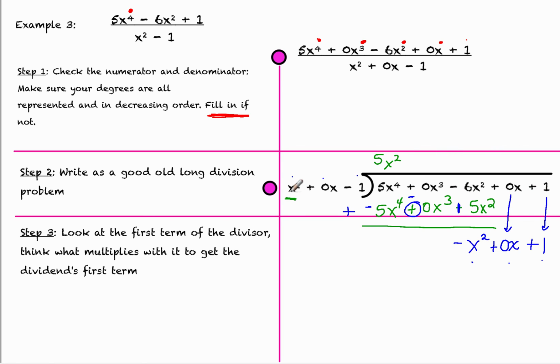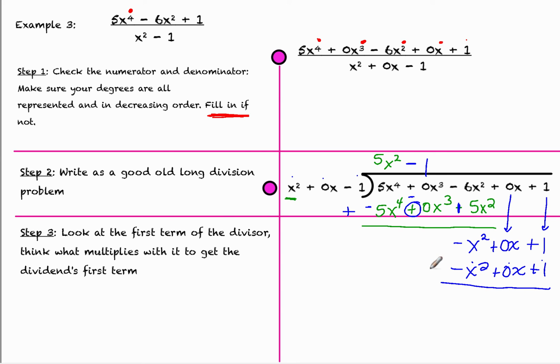So let's continue. x squared times what gets me negative x squared? Well, negative 1. Negative 1 times x squared is negative x squared. Negative 1 times 0 is that 0x again. Negative 1 times negative 1 is positive 1. And you can see that if you end up with the same exact thing, then it cancels out to 0.